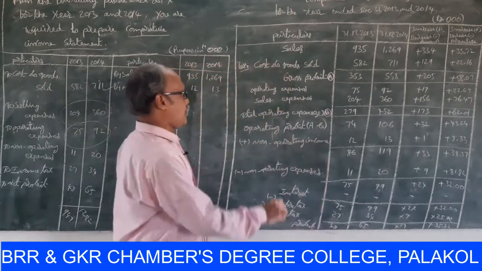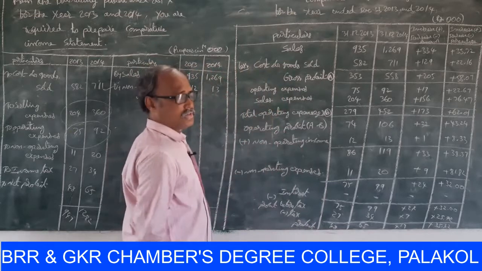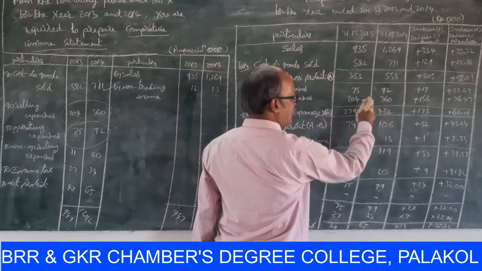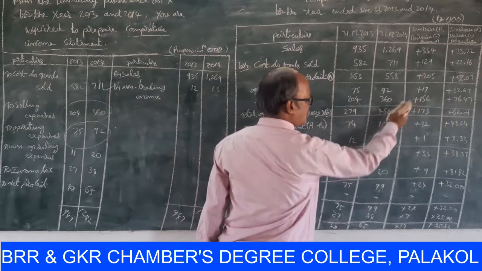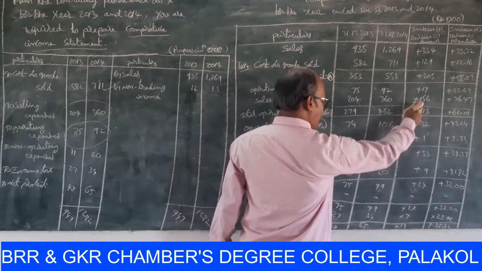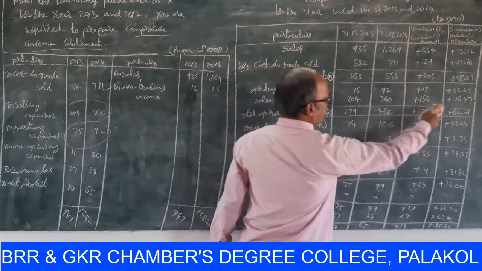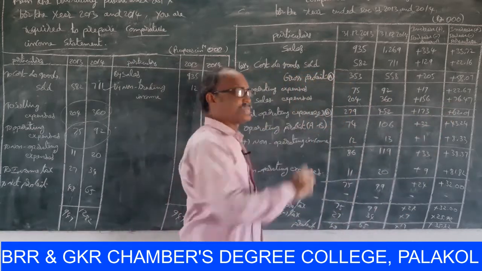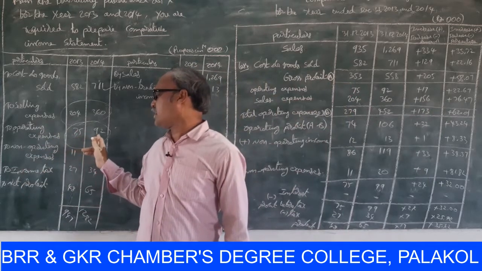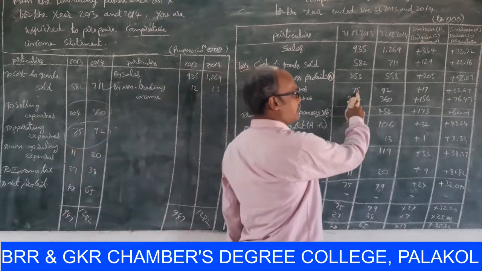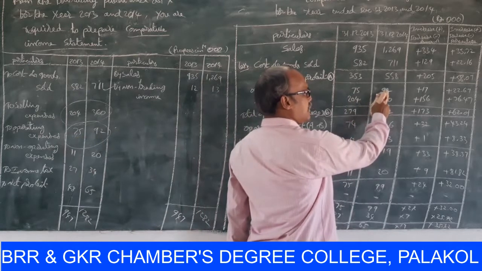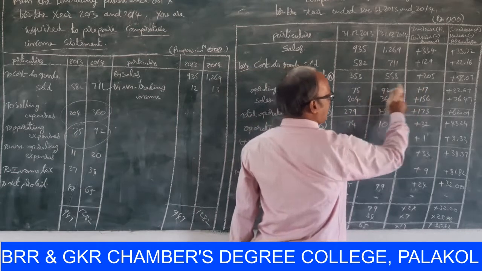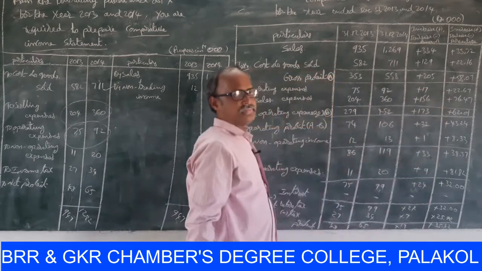First, sales expenses: 204 previous year, 360 present year. 360 minus 204 is plus 156. 156 by 204 into 100 is plus 76.47%. Next, operating expenses. What is that amount? It is 75 and 92. 75 in the previous year, 92 in the present year. 92 minus 75 is plus 17. 17 by 75 into 100 is plus 22.67.